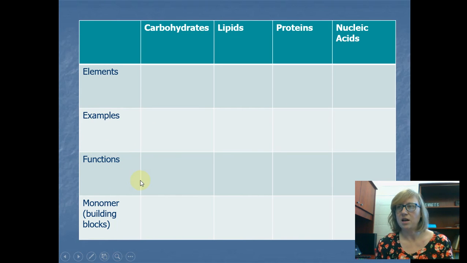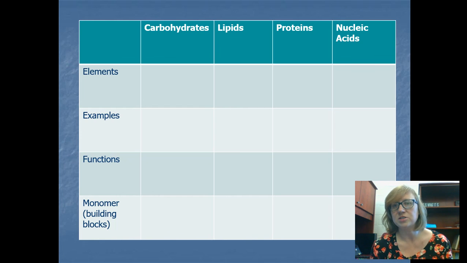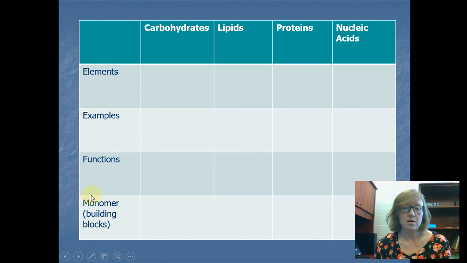The function, I know I didn't write it out, is that they give us energy. They provide quick energy if they're a sugar, or if they're in that long chain that needs to be digested, they'll provide energy to us once they're broken down. And the monomer of carbs are simple sugars or monosaccharides.